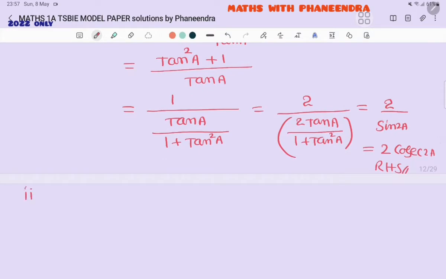Similarly, the second question. What is the second question? Cot A minus tan A, LHS, sorry.